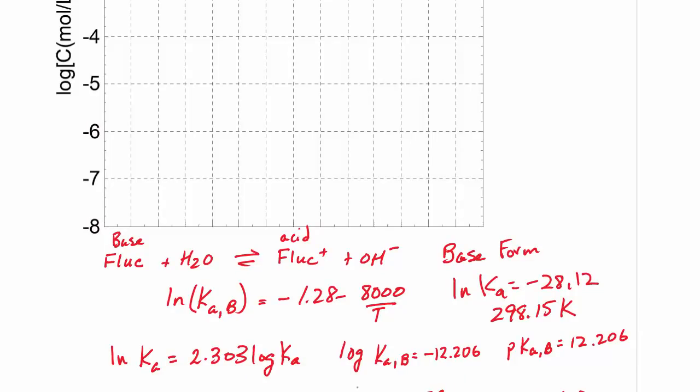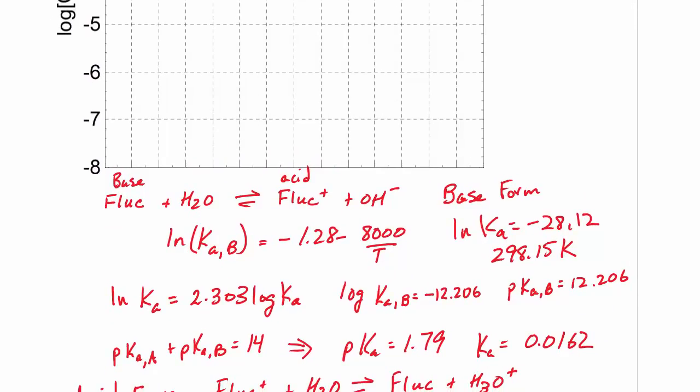So I've done that conversion here, and you can see the common log of this equilibrium constant is minus 12, which gives me a pK of 12.2. I can then convert that to the pKa value, knowing the pK of water is 14, and the acid and base forms need to add up to 14. So by difference, I find that the pKa is 1.8. And I can also calculate the equilibrium constant value then.